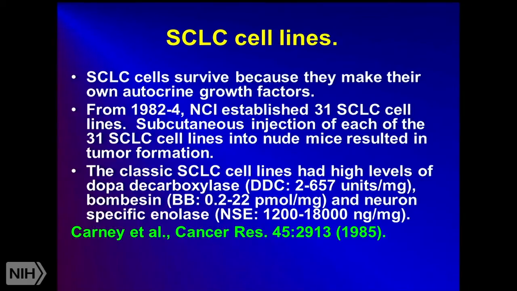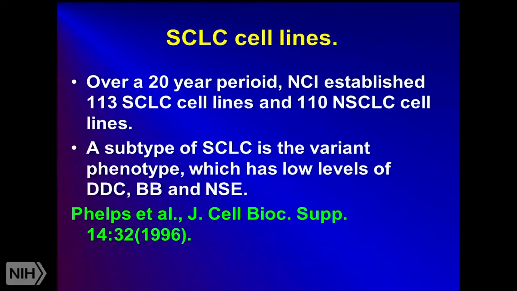And they have high levels of neuron-specific enolase, a glycolytic enzyme that's normally also in neurons. Hence, these were classified as neuroendocrine tumors. Over a 20-year period, over 100 small cell lung cancer cell lines were developed, as well as 100 non-small cell lung cancer cell lines.